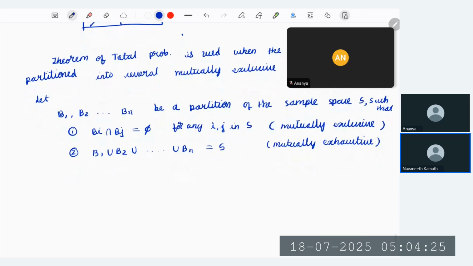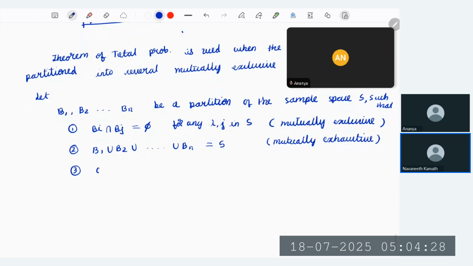Then, the probability of any sub-event in the sample space will be greater than 0 for all i. This should be the third condition.